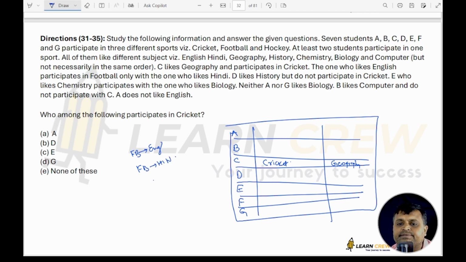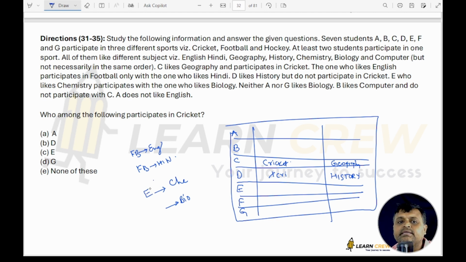D likes history, but does not participate in cricket. Next, the one who likes chemistry participates with the one who likes biology.